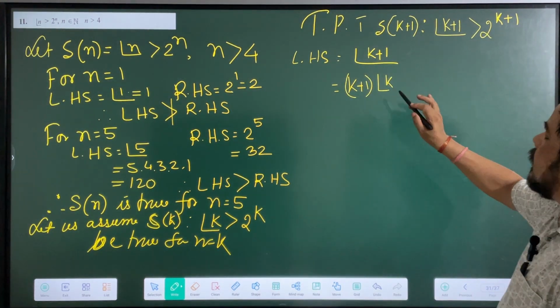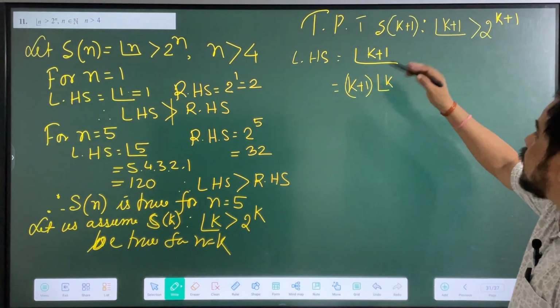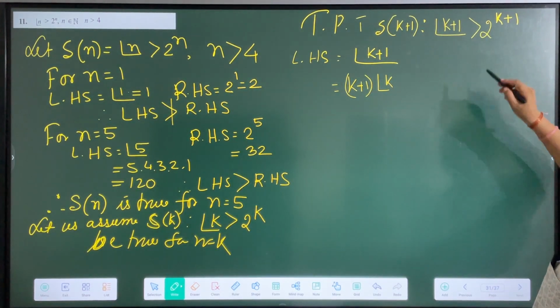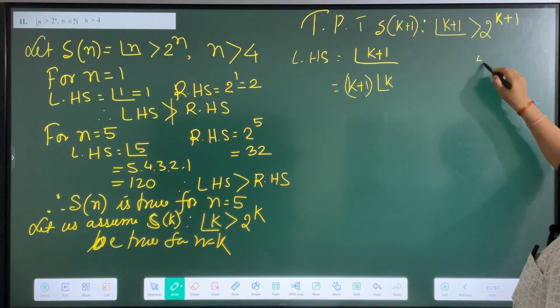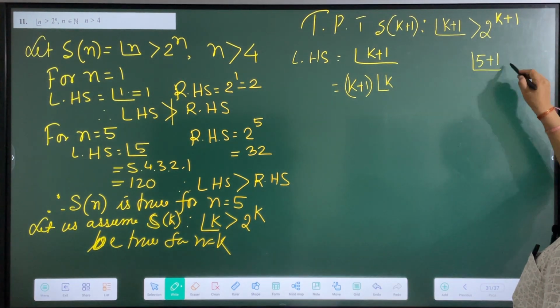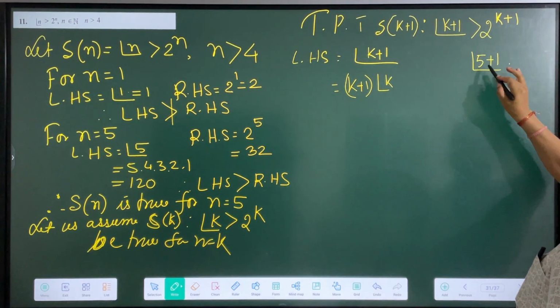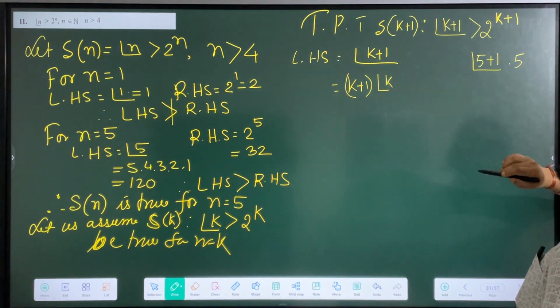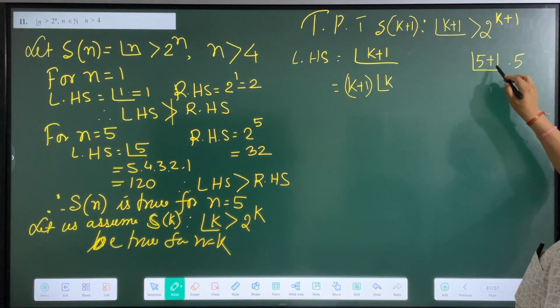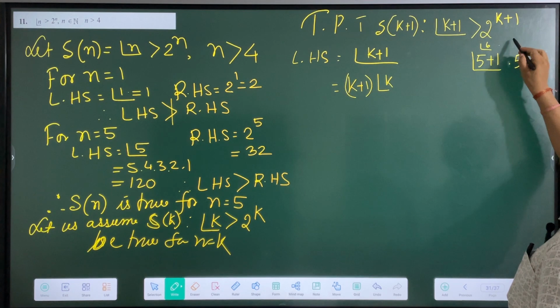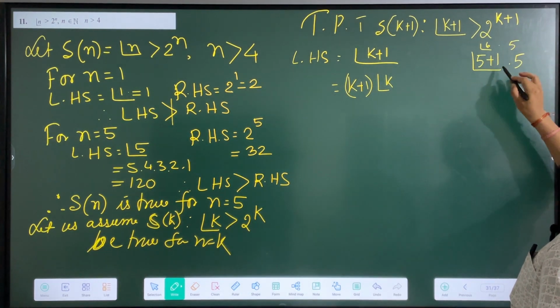Why it is done like this I will tell you later, but how it is done let me show you. Take 5 plus 1, which is 6. Factorial 5 plus 1 is factorial 6, which equals 6 into factorial 5.